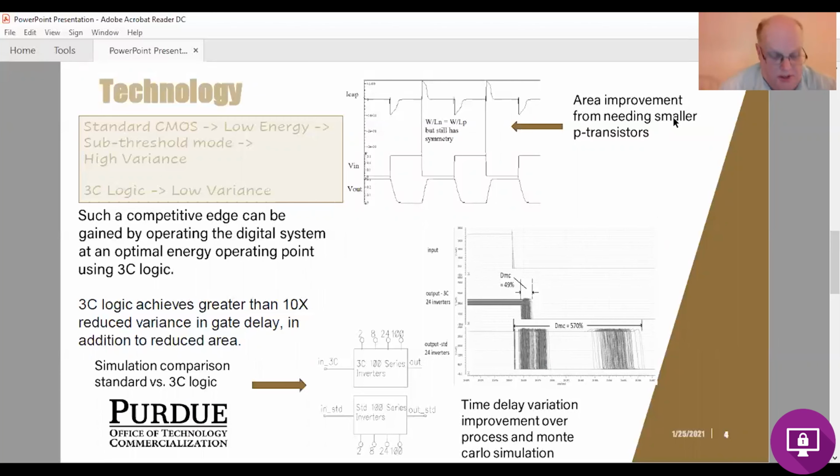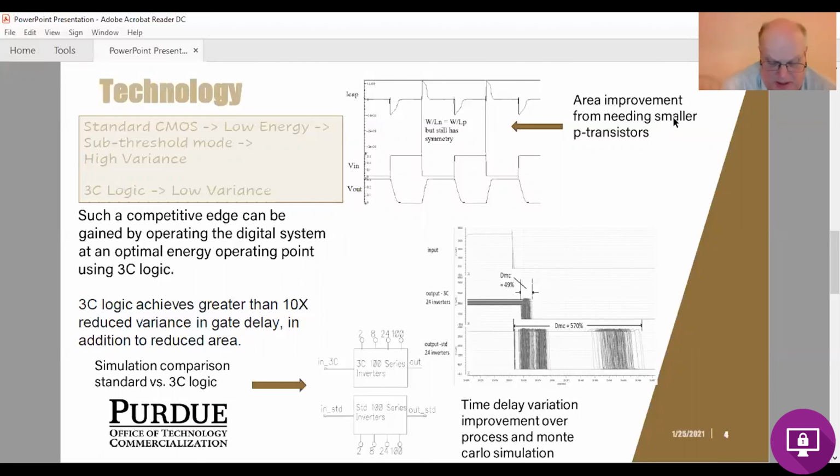It's important in general to optimize the energy usage, and to do this, it will be necessary to operate in a mode called sub-threshold mode. And up until now, the performance variation in the sub-threshold mode has been a major challenge.